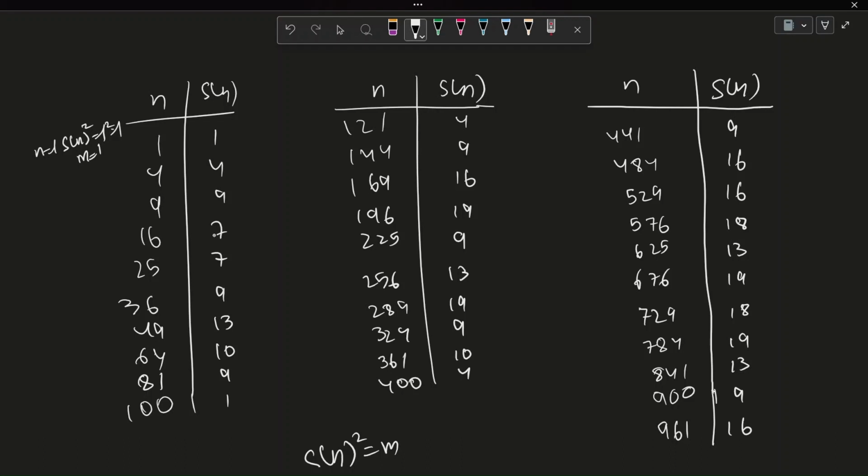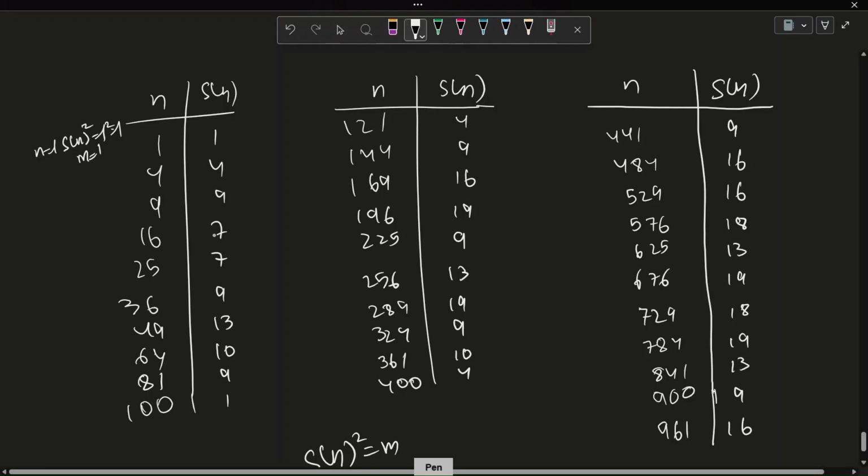And if n equal to 4, s of n equal to 4 and s of n whole square is 16, which is also not possible because 16 is greater than 4. And if we consider 9, then 9 square is 81, which is also greater than 9. 16 is similarly neglected. 25 is also neglected in a similar manner. 36 also neglected. 49 is also neglected. Basically we are neglecting because s of n whole square is greater than n, which is not possible because m is less than n.